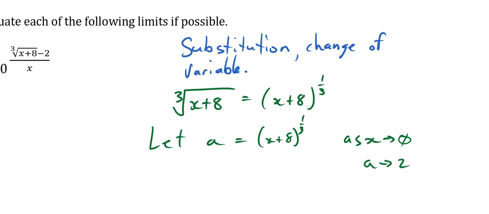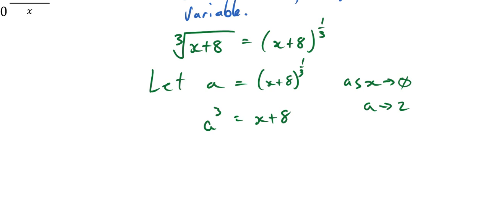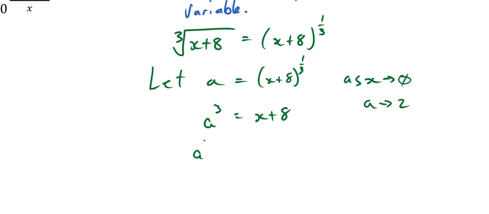So that's really important. And then typically, usually, or really all the time, we're also going to need to rearrange this and solve it for x. So I'm going to do that here. I'm going to raise both sides to the exponent 3, right? So I get a cubed equals x plus 8, and then subtract 8. So a cubed minus 8 equals x.